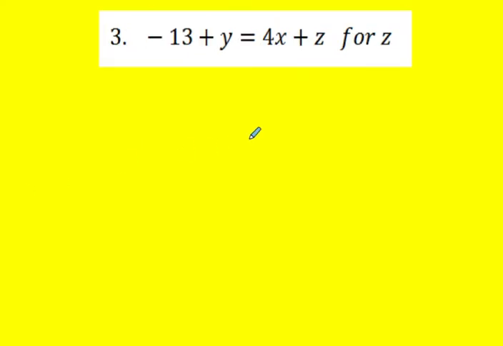Moving to our next example, you will see that they're now asking us to solve for z. So my goal in this one is to get this z here by itself. Here's my wall through my equal sign. So I'm looking to get rid of anything on the same side as z. So what I see over here is this 4x that's being held on by addition.